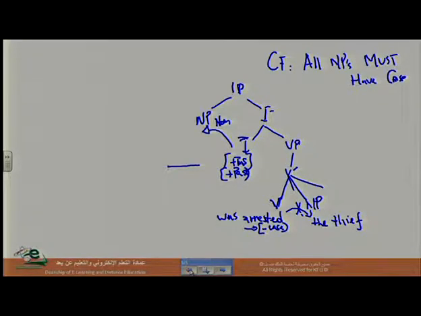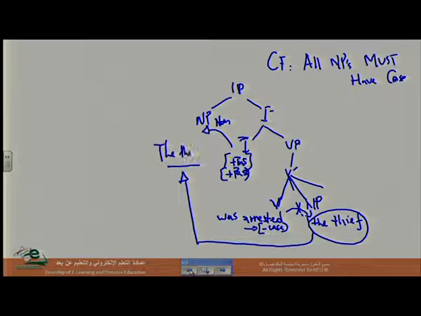So this element here now can move to this position, where it can receive nominative case. And the analysis predicts that this NP cannot show up with an object case or accusative case. It can only show up with a nominative case. And therefore, when it moves, it will leave a trace: e_x, the thief_x.